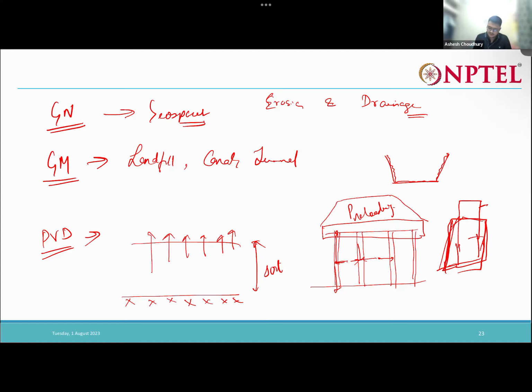So the water will come to the core and drain out, seep out along the core. It reduces the length of the flow path and thereby accelerates the process of consolidation. These are also used extensively, and I also showed you how these are installed in the field, and the drilling machine.